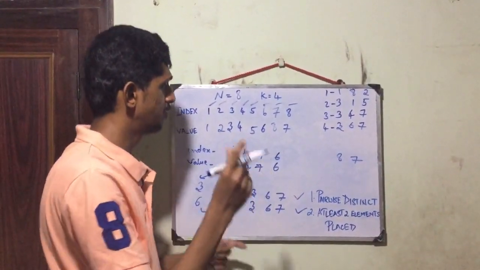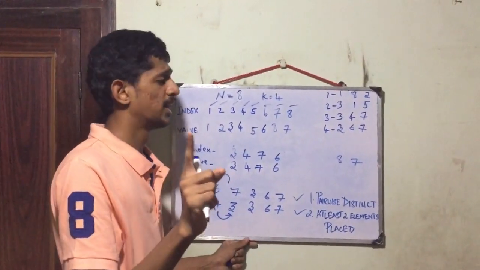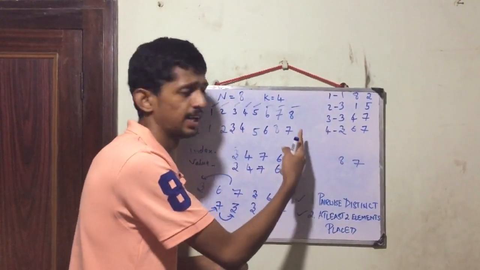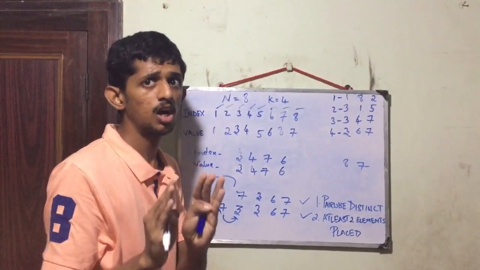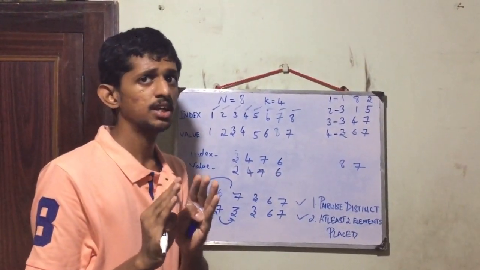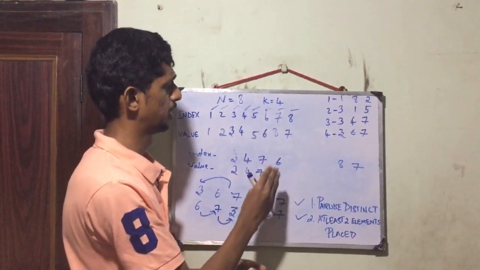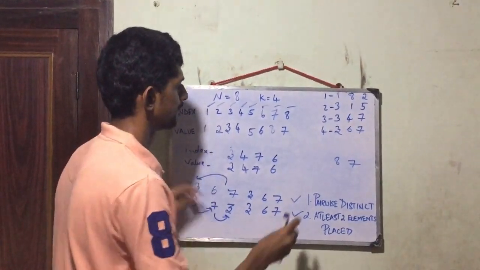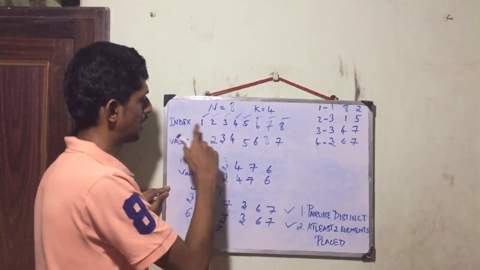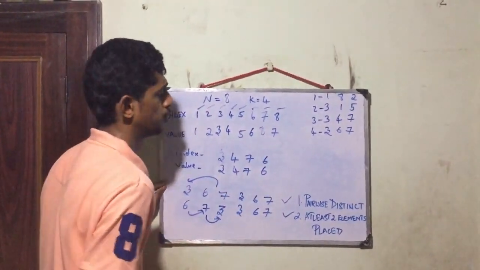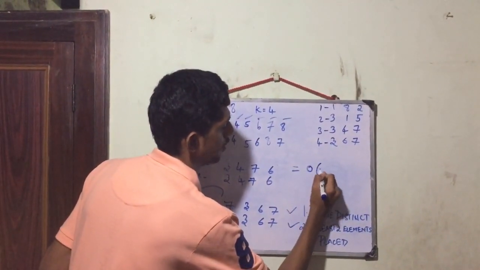So therefore, if we have a single pair element at the end of the n, that is a -1 case. You can't sort that particular permutation within k operations. Now about the complexity, I am traversing from 1 to n, therefore the complexity is O of n.